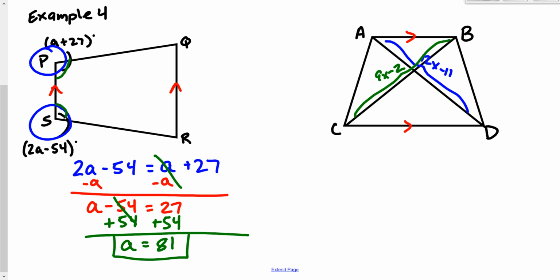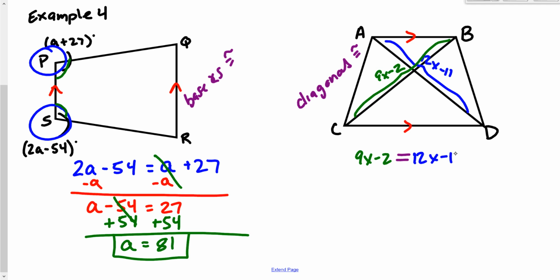Now for this next one, in order for this to be an isosceles trapezoid, we need to know that the diagonals are congruent. So here we're trying to prove that base angles are congruent, and here we're trying to prove that the diagonals are congruent. If the diagonals are congruent, then this is going to be an isosceles trapezoid. So first you have 9x minus 2, then you have 12x minus 11, and now you've got to solve for x.